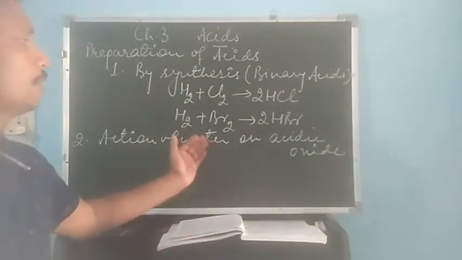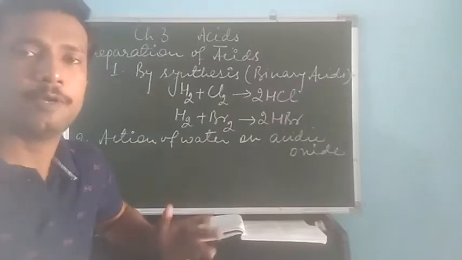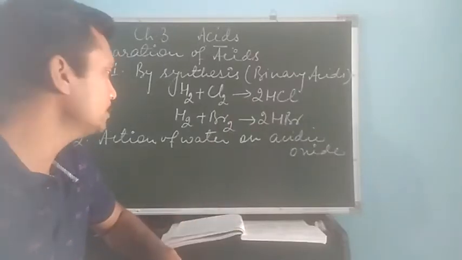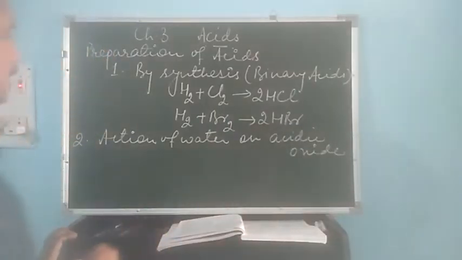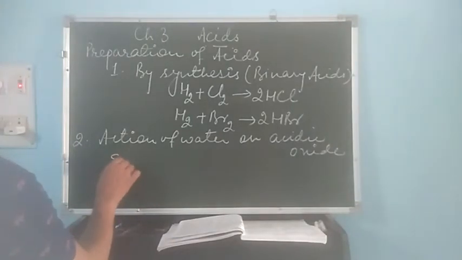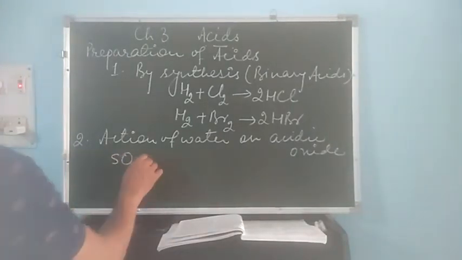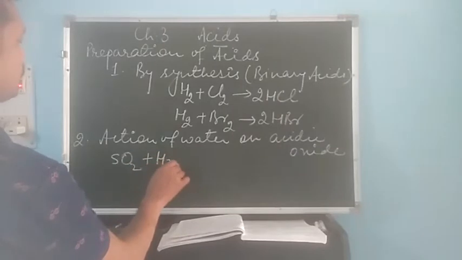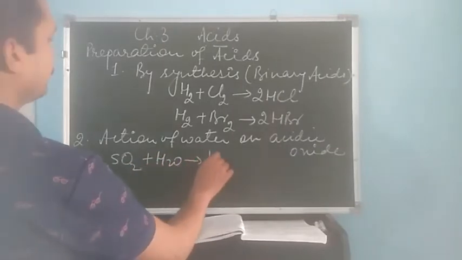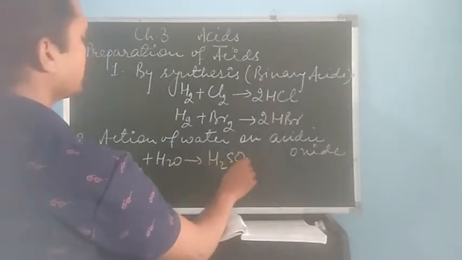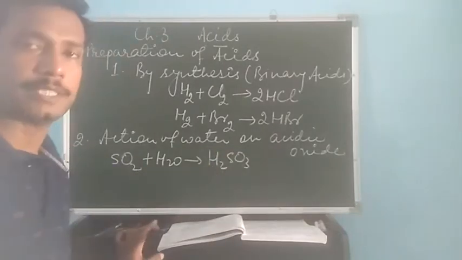When we add water to this acidic oxide, we may obtain acid. We have examples like sulfur dioxide, which when added to water will give H2SO3, which is sulfurous acid.